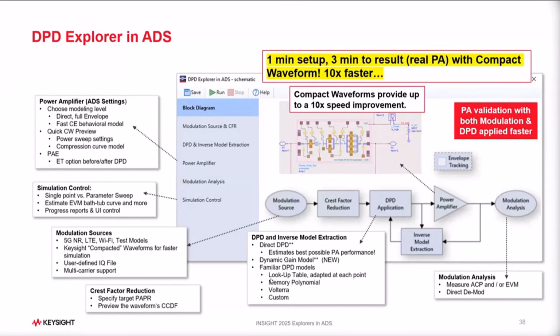So you have something like a lookup table concept and so on. So depending upon your end product, you can choose various DPDs. Okay. And then finally do modulation analysis. If you are doing an envelope tracking based amplifier, there is an option here. You can switch on envelope tracking, and then it will do a more thorough DPD by tracking the envelope on which your PA is operating. So everything in a nice GUI, easy to use.